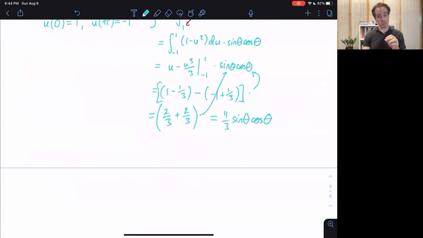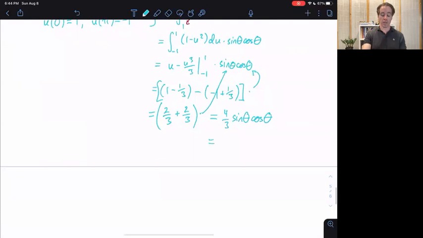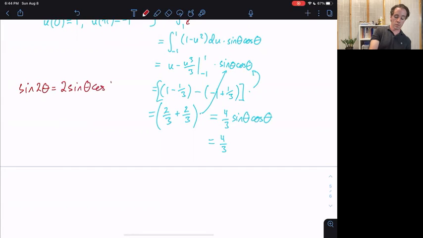So it's going to be easier if I carry through this integration to write it this way. First of all, you should know this one: sine of 2 theta is equal to 2 sine theta cosine theta. And this looks quite similar to what we have here.